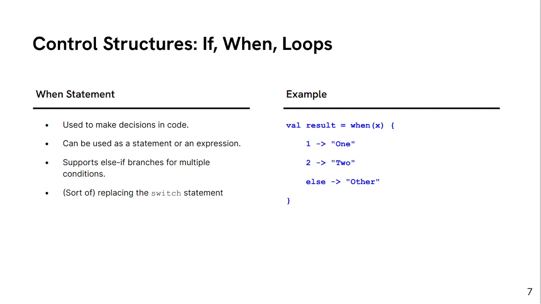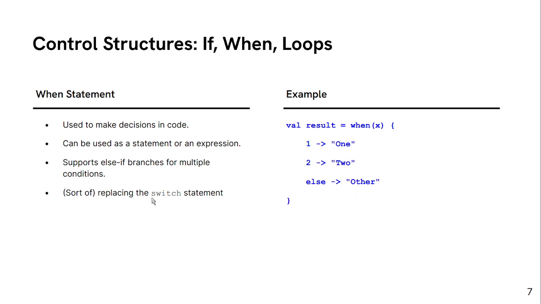So when is a more powerful and flexible version. You can use when as an expression or a statement. For example, this one is an example: when x equals 1, you may consider when returns the string 1, otherwise string 2, otherwise others.